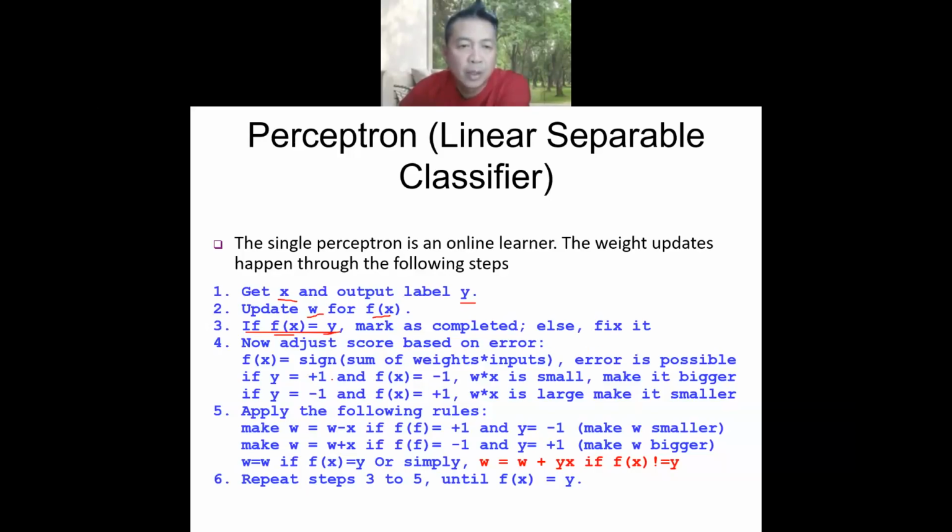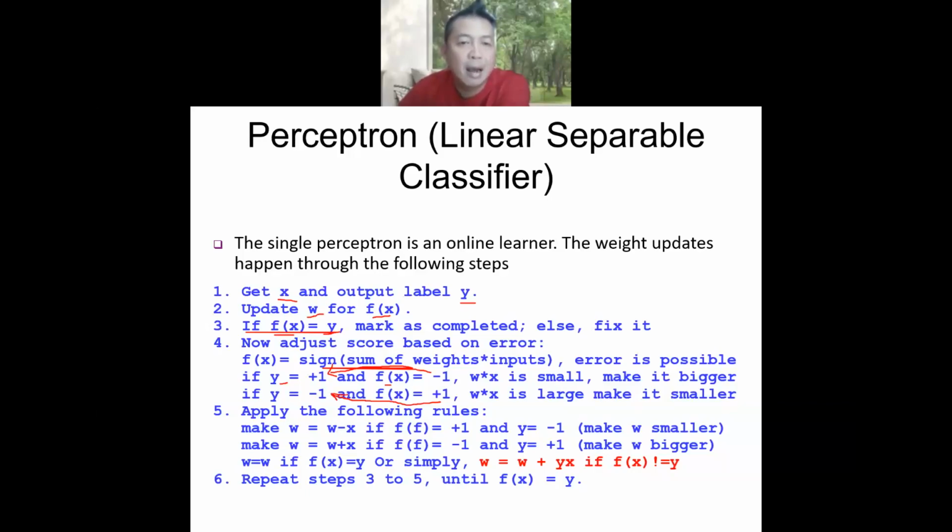So how do you fix that? If this is your actual output, this is your predicted output, so they have the wrong sign here. So you will make it bigger because you want to move from negative to positive. If the other way around, you want to make it smaller, so you want to have the positive one become negative one.